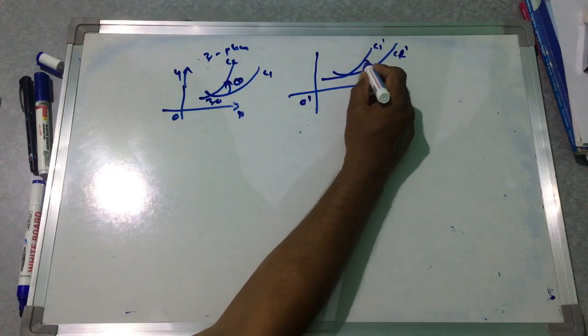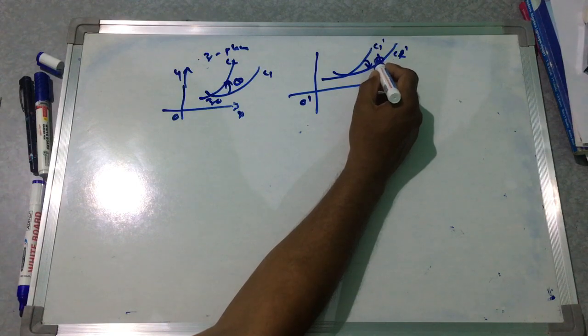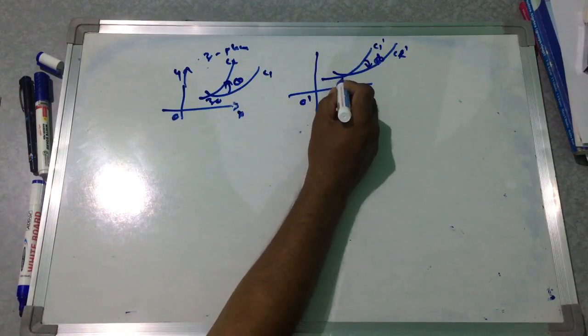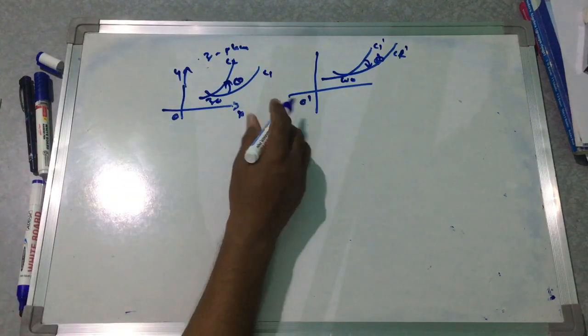This is the angle phi that is made. This is Z0, this is W0. So in this manner, for this conformal mapping, we can observe these two figures.